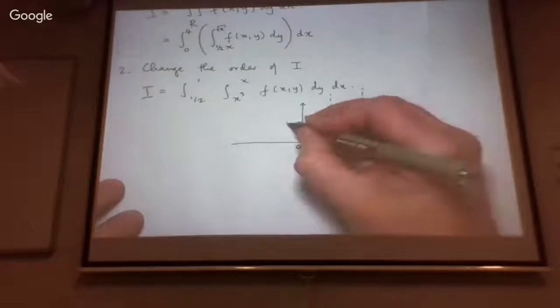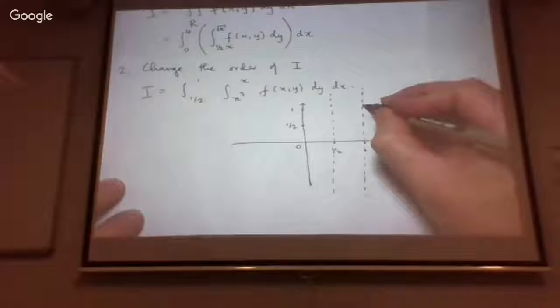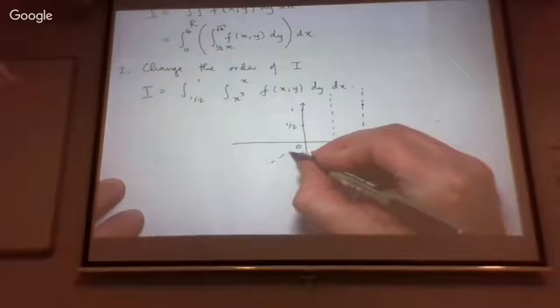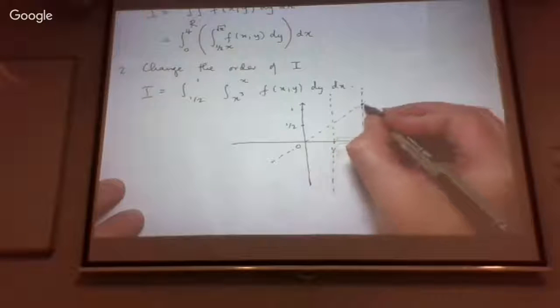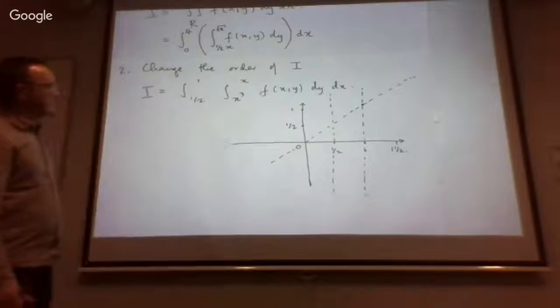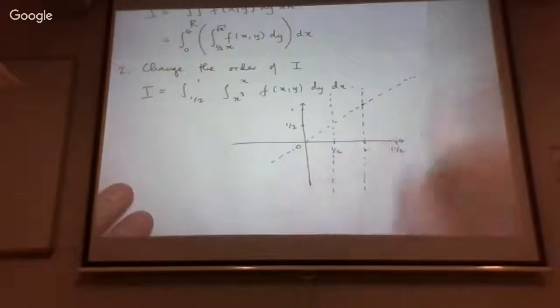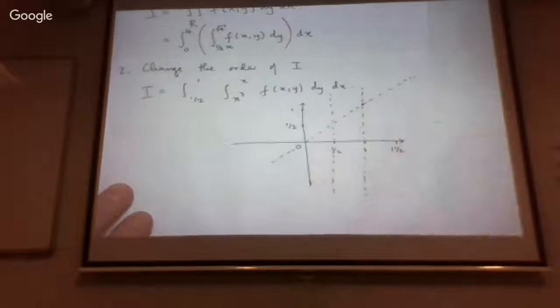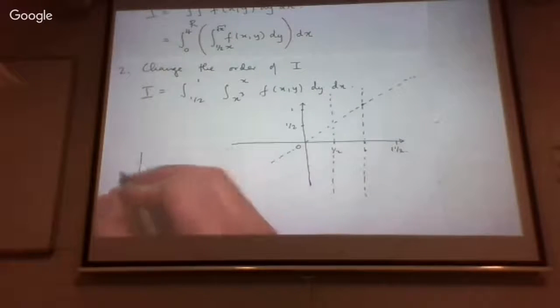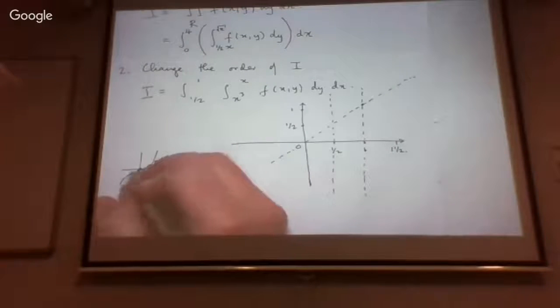Well, the easiest thing to draw straight away would be the curve y equals x, just that straight line, the 45-degree line. The other curve is, of course, y equals x cubed, which kind of looks like this, going through the origin there.